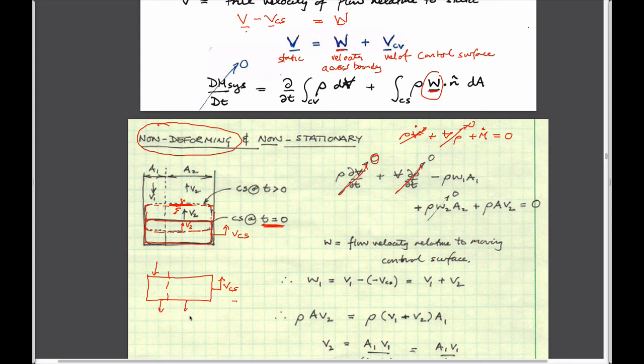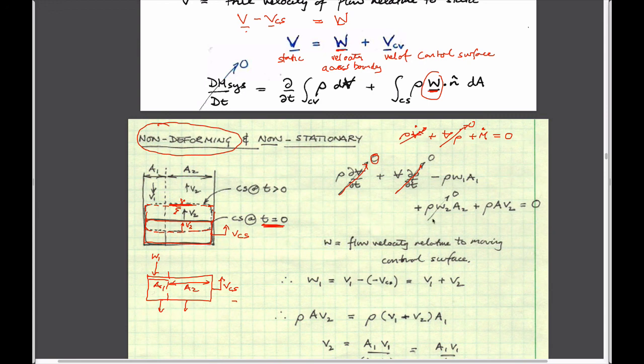Because this is translating relative to the fluid. So this is going to be our W1. This is going to be our A1. This is going to be our A2.